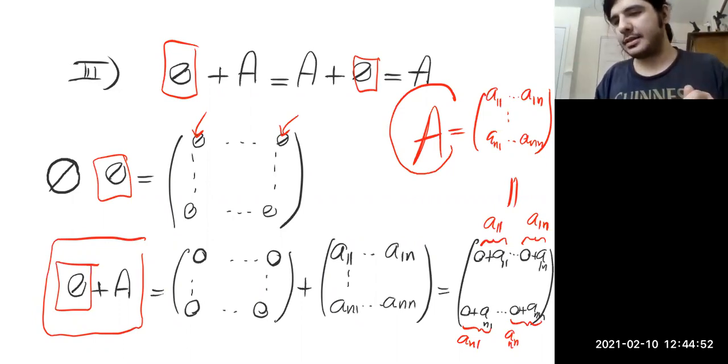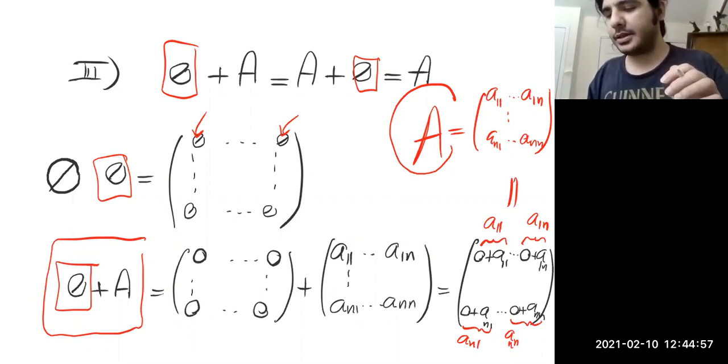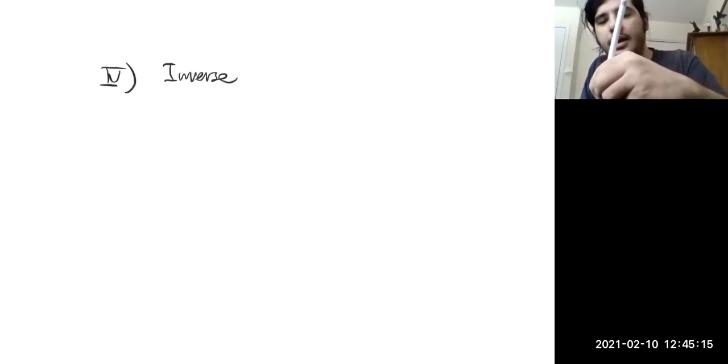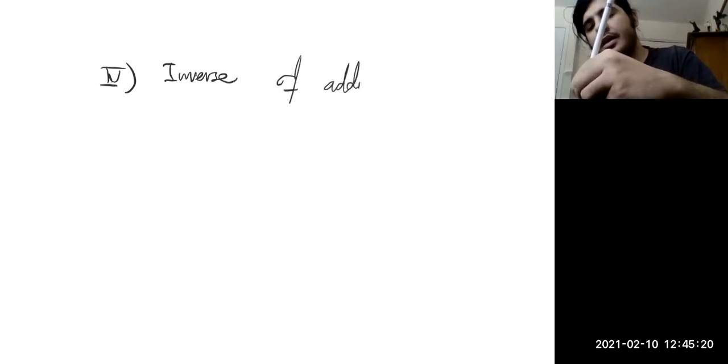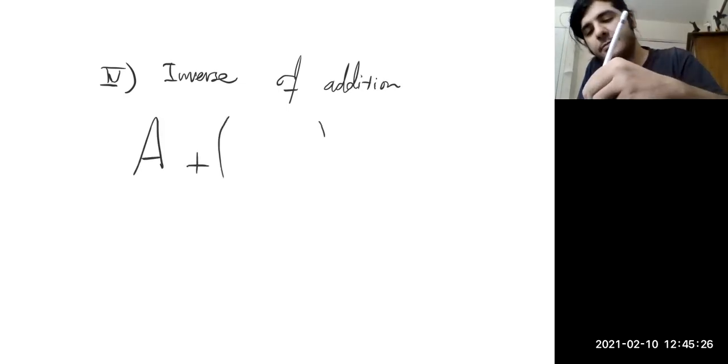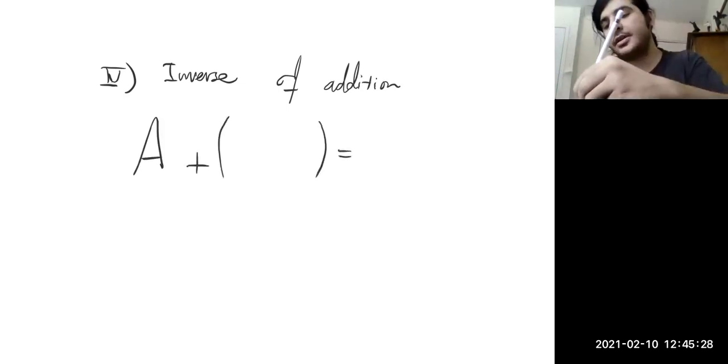I have one more minute. So in this one more minute, let's get to the next property of a vector space. So probably, as you guessed by now, it is really a vector space: the set of n by n matrices over R is a vector space. I want to show you the fourth property, the inverse elements for addition. So we have A. There exists another matrix which, if we add it to A, we would get 0.